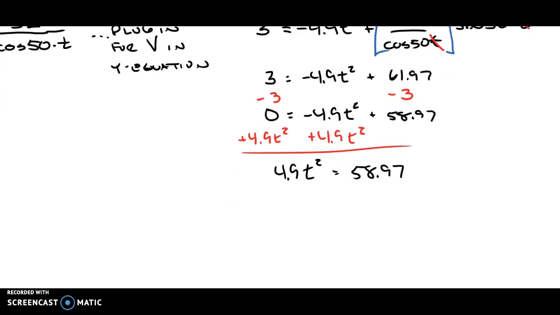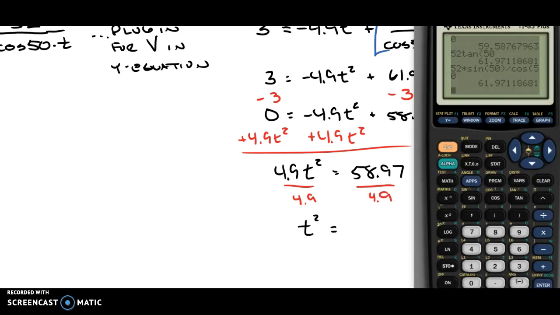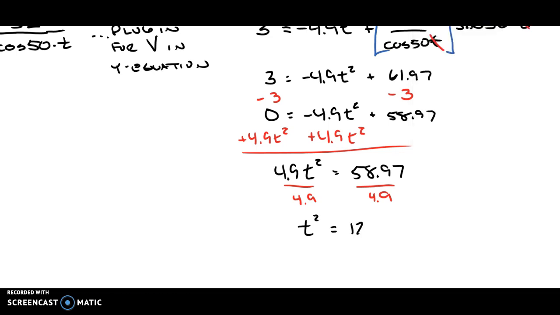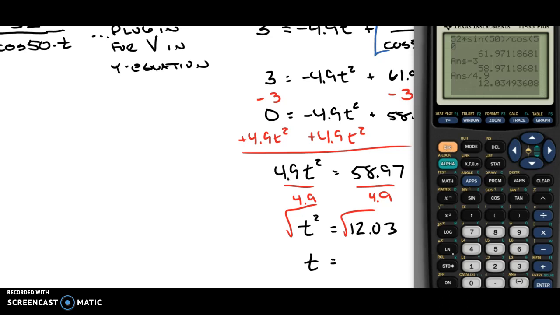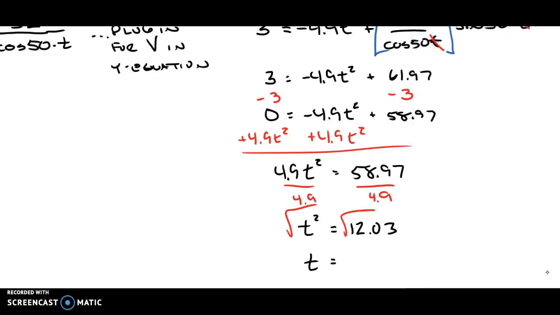I'm going to divide by 4.9 to get t squared by itself. I get t squared equals 12.03. And to get t, I got to remember to take the square root. And so when I take the square root of that value, I'm going to get a time of 3.47.